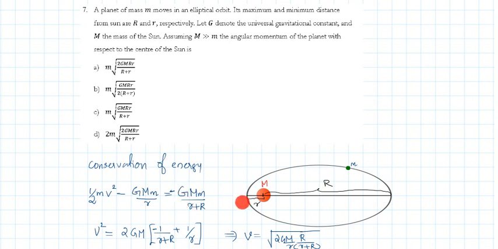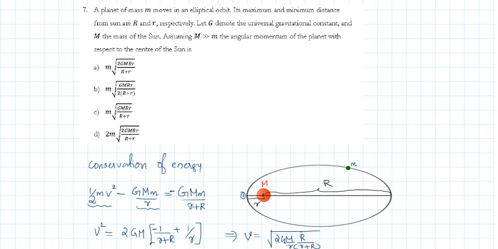And if you consider this point 1, where you can write the total energy as kinetic energy plus potential energy. Half mv square is the kinetic energy, potential energy is minus GMm by r, where r is the distance to this minimum distance. This will give you total energy. You also have this expression for the total energy in an elliptical orbit.